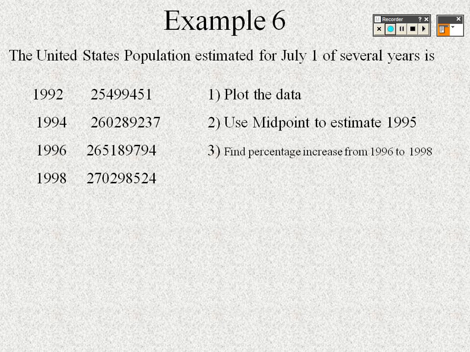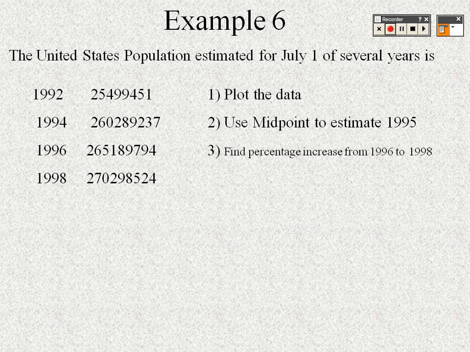To find the percent that it increased, you take how much it went up and divide by how much it started with. So you divide that 5 million by the 265 million to find out that it went up about 1.9%.